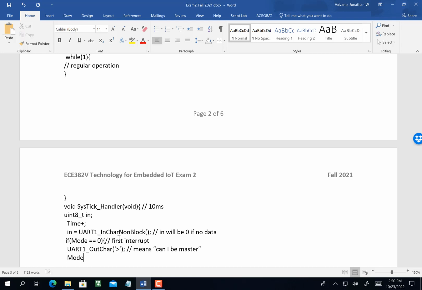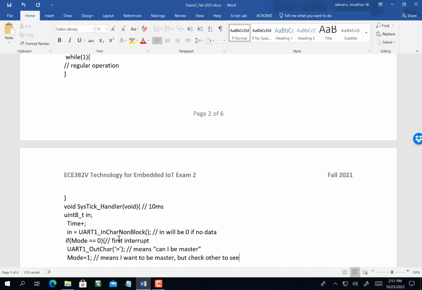Now mode equal 1 will mean I want to be master, but checking others to see.